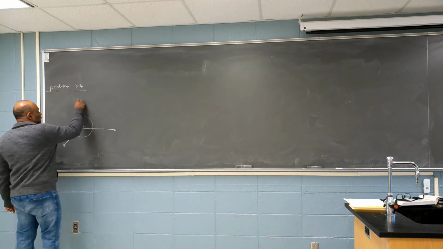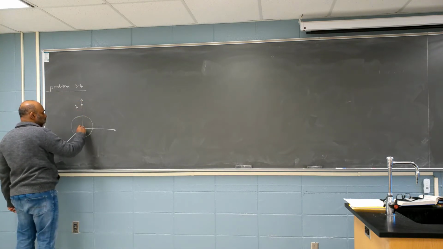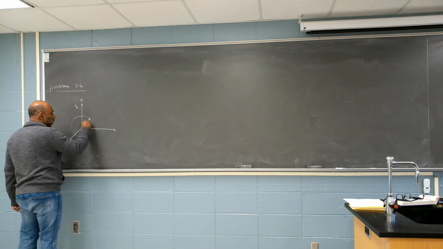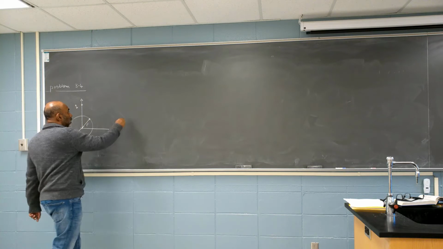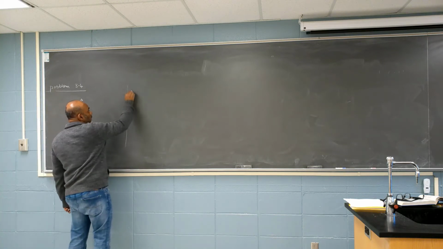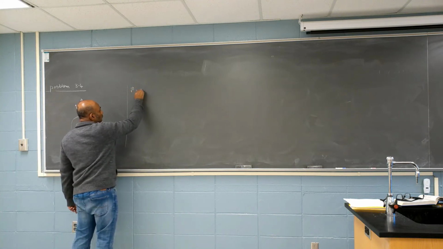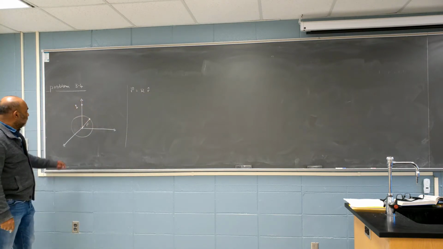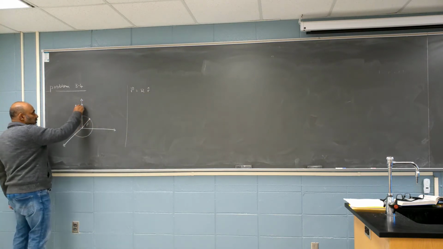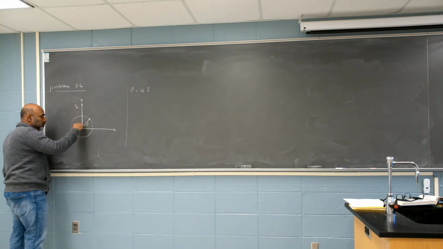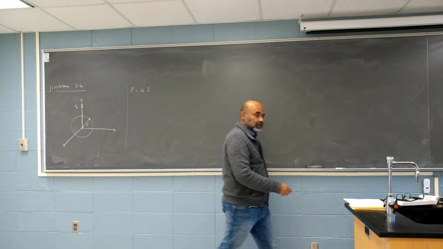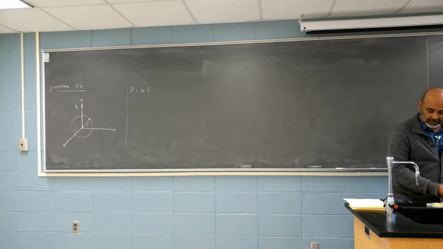So I am going to look at a small point over here. So the vector R is on the sphere. The vector R prime that locates the source, right?